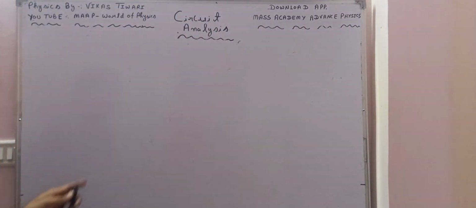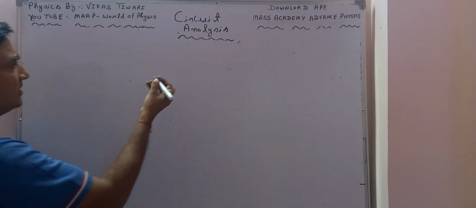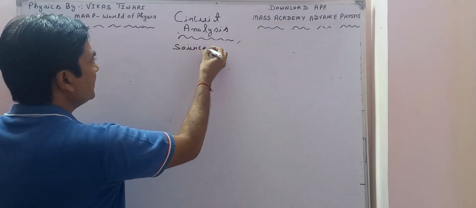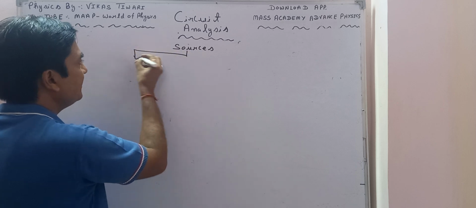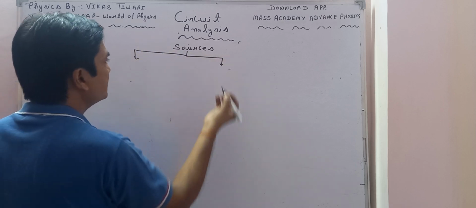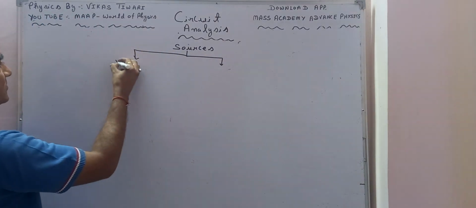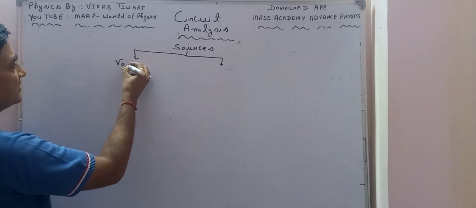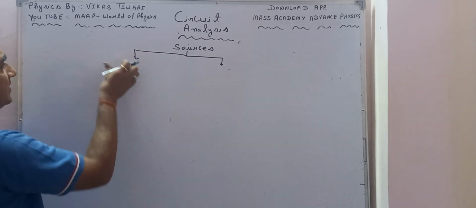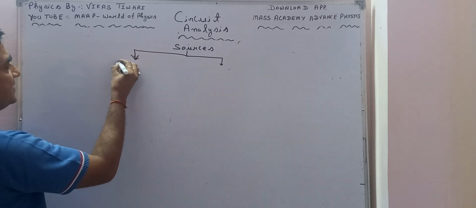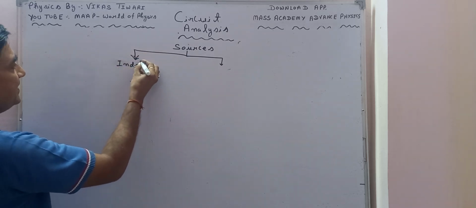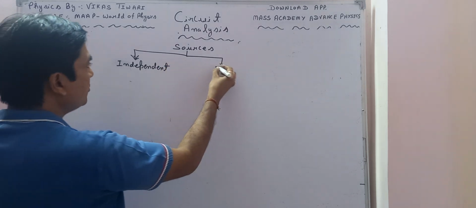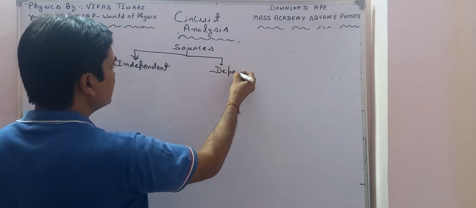So I am giving a small categorization of sources. When we are talking about sources, they are divided into two parts. First one is called independent sources, and second one is called dependent sources.